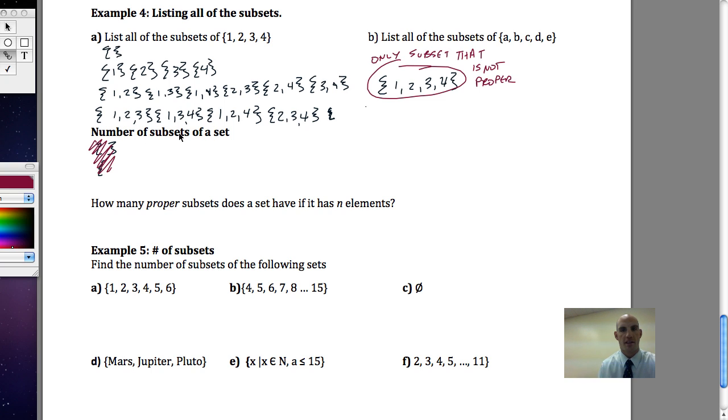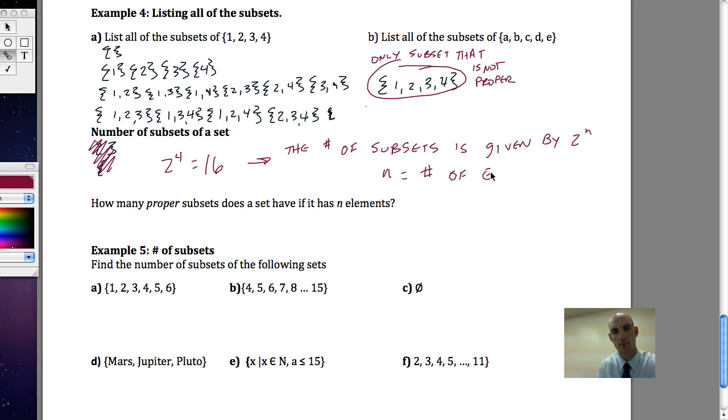If we look at 2 to the number of elements, 2 to the 4th equals 16. The number of elements in a set is going to give us the number of subsets that are possible. The number of subsets is given by 2 to the n, where n is equal to the number of elements in a set.